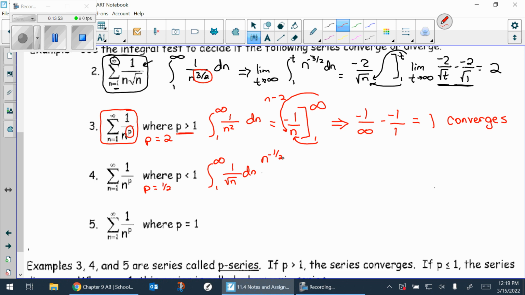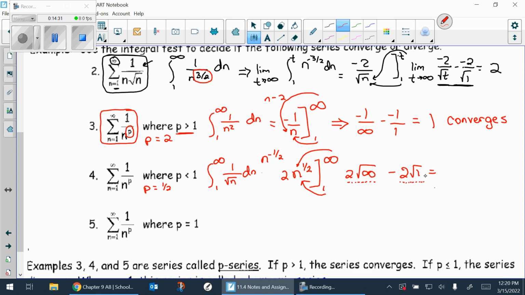I'm going to take the integral of that thing. If I take the integral of n to the -1/2, it's going to be n to the 1/2 divided by 1/2, or times 2, evaluated between 1 and infinity. So I put infinity in here, and I've got 2 square roots of infinity minus 2 square roots of 1. Now this is such a huge number that when you subtract 2 from it, it's not going to make much of a dent.